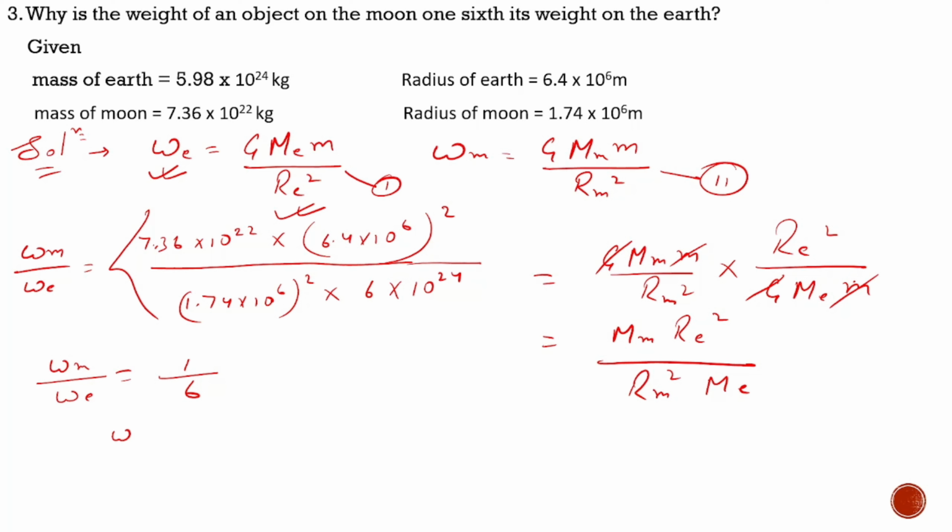That is, the weight on the moon is equal to 1/6 of the weight of the same object on earth. So in this way we can prove that the weight of the same object on the moon will be equal to 1/6 of the weight of the same object on the surface of the earth. Okay, now coming to the next question.